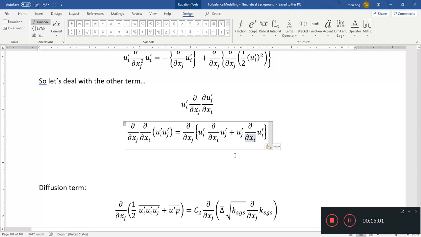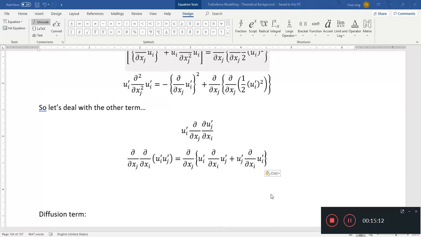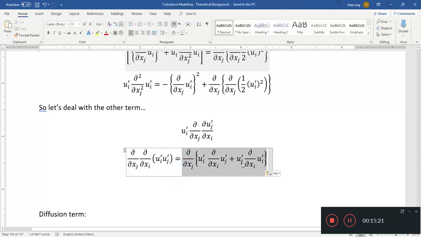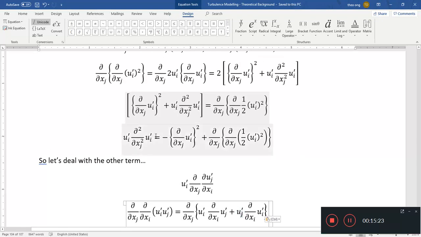This is what we get. From the way this looks, we're going to get some form of second derivative here, and this looks like one of those Reynolds stress components. I don't think we need to deal with this, but the important thing I want you to see is that from this term we can get the kinetic energy term as well as this term.